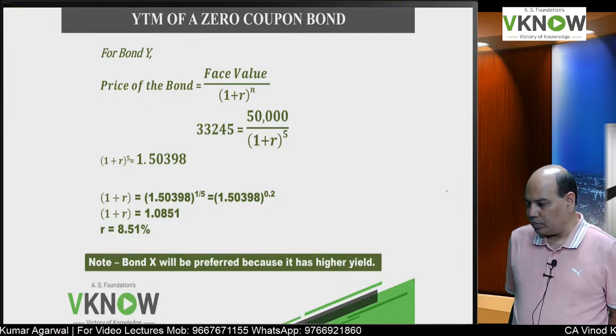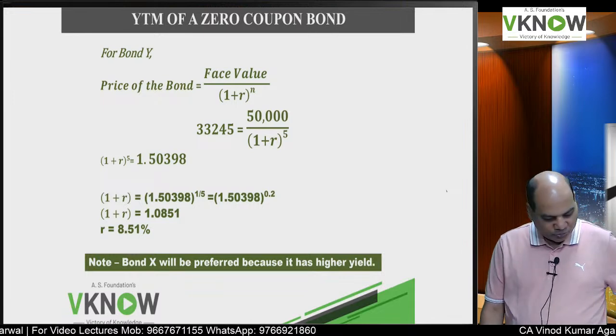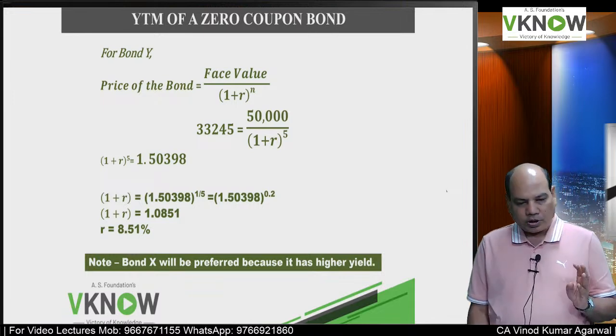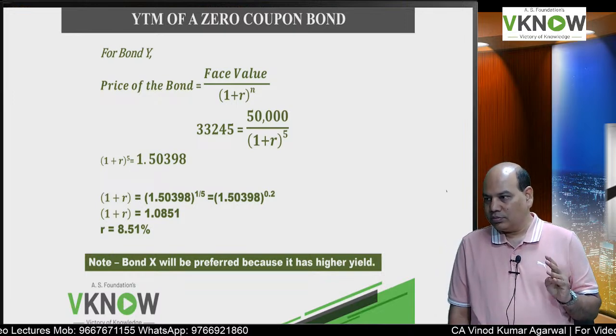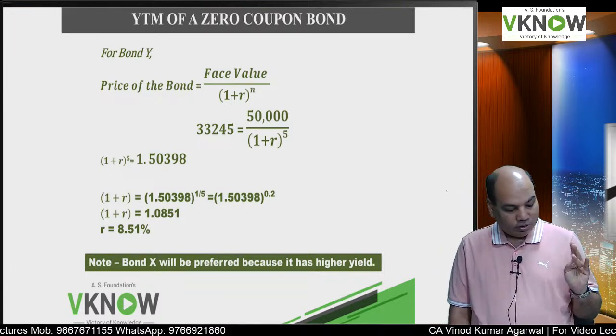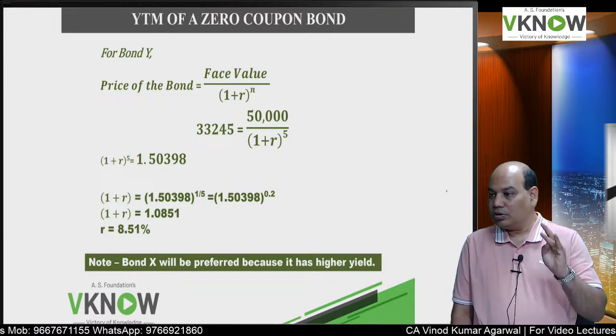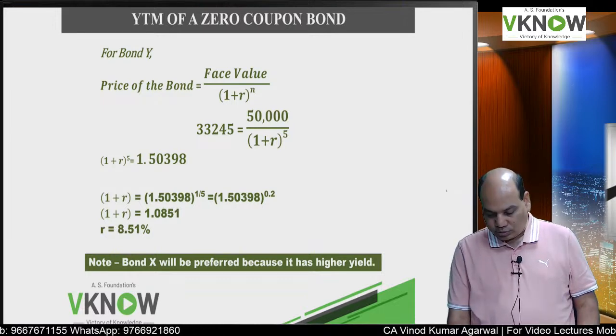Bond X will be preferred because it has higher yield. So that was the example on zero coupon bond. So we have covered YTM of coupon bond, semi-annual coupon bond, perpetual bond, zero coupon bond also.